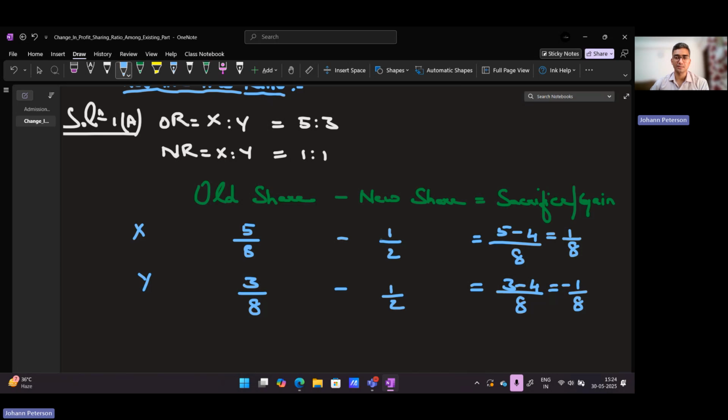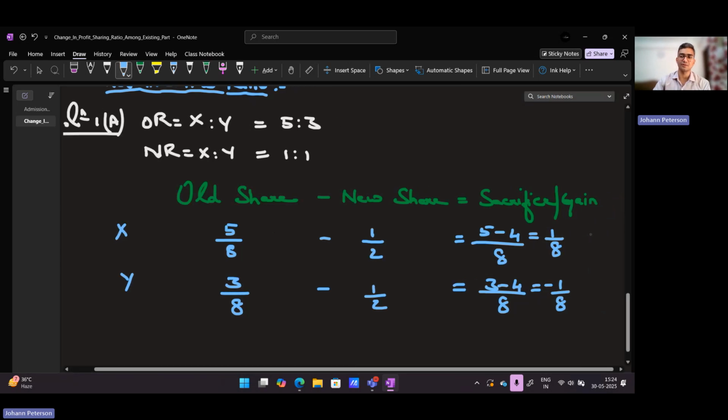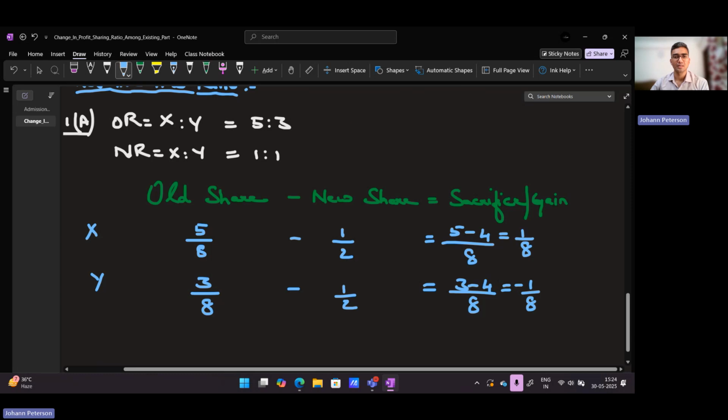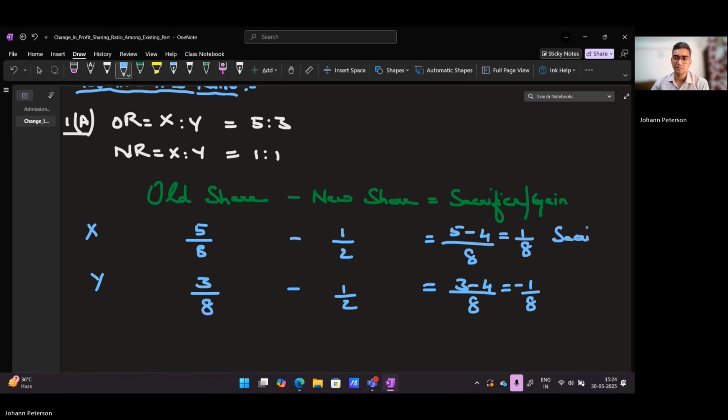That is why when we subtract something from the earlier portion, it is coming as positive. So we will take an assumption that whenever we subtract and we get a positive answer, we will call this a sacrifice done by that person. So here I'm going to write, this is the sacrificing partner. And whenever we get a negative answer, we will say this is a gaining partner.